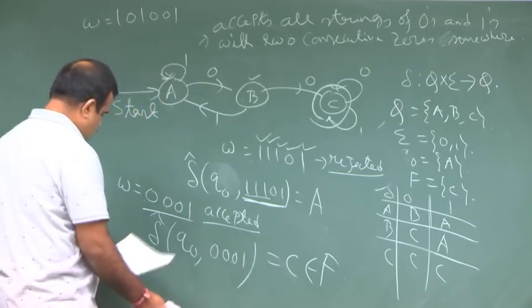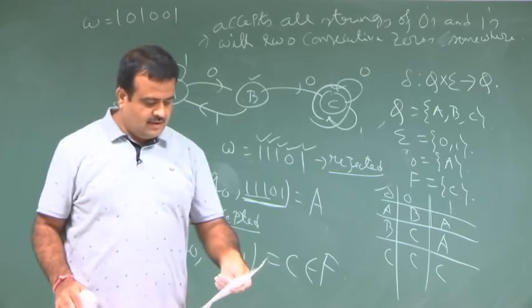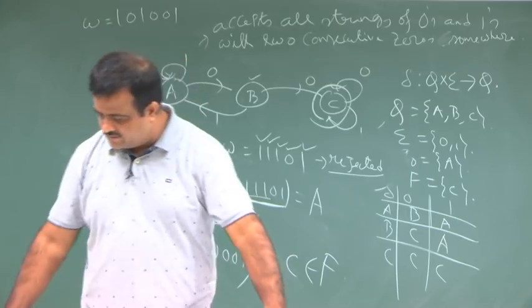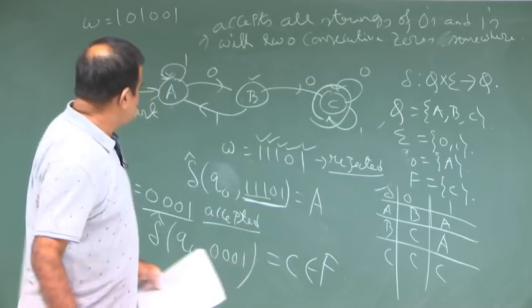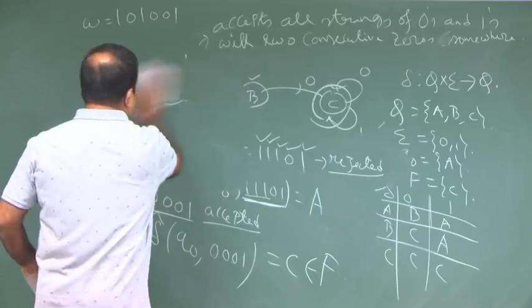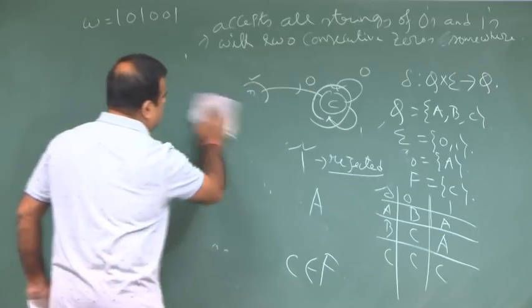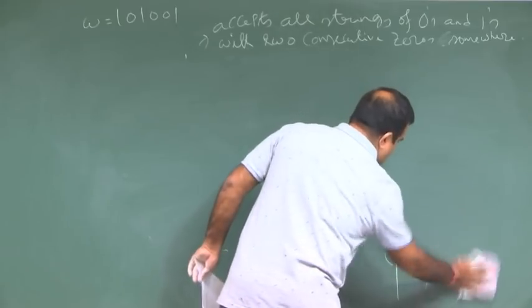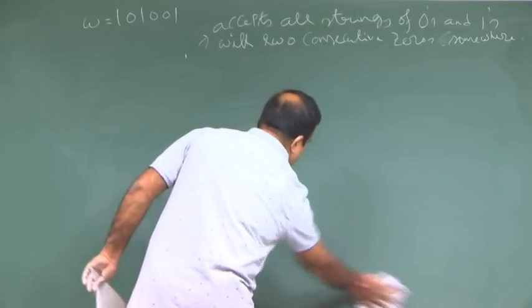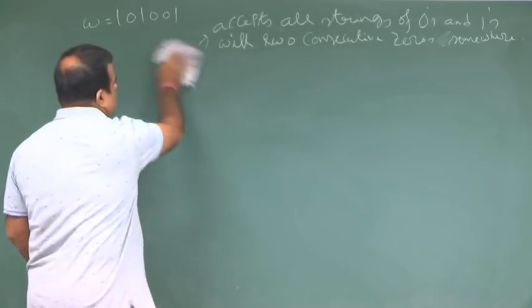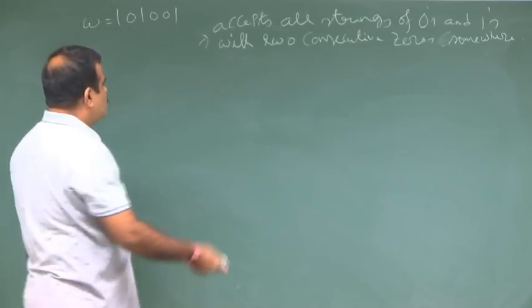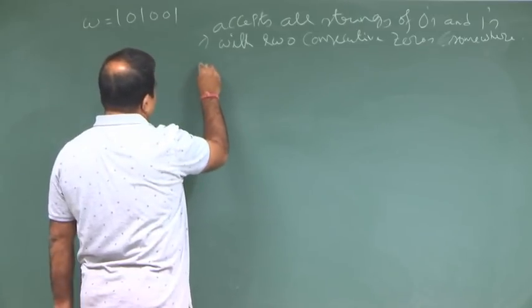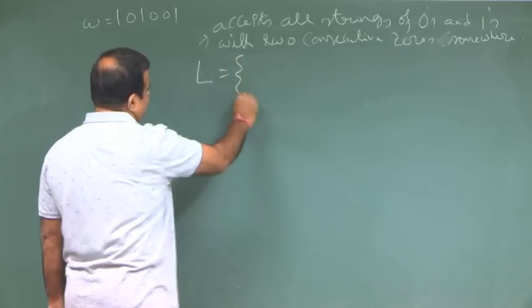Okay. So, can you write this in a general way? So, can we just write this as this? So, this is again a language.